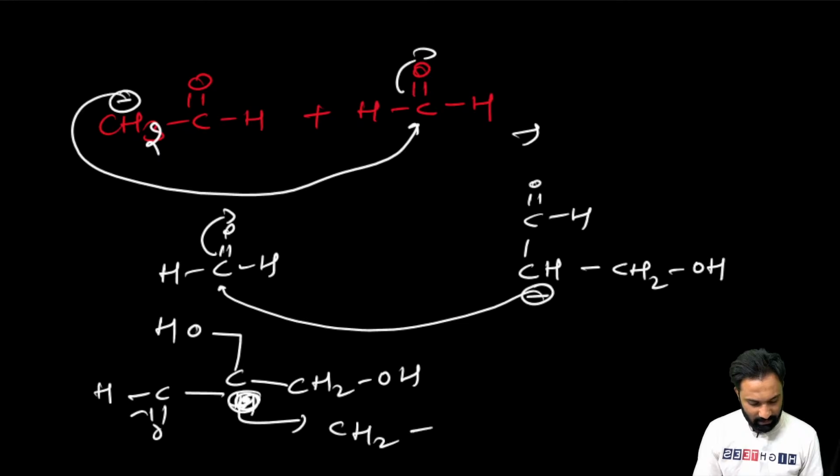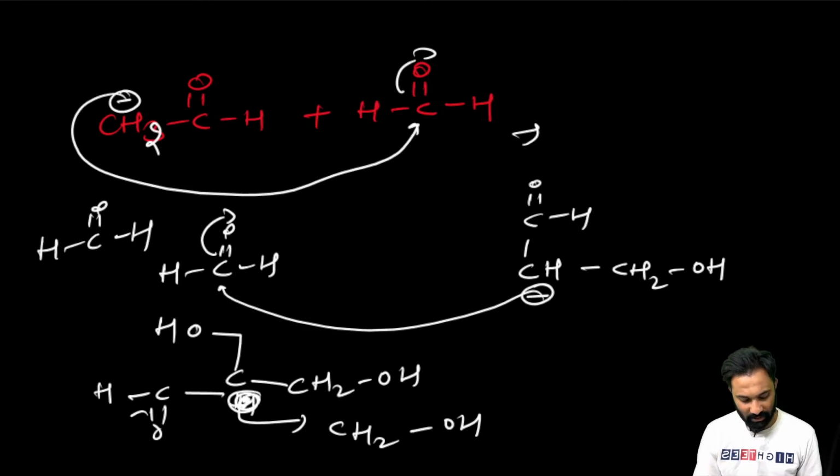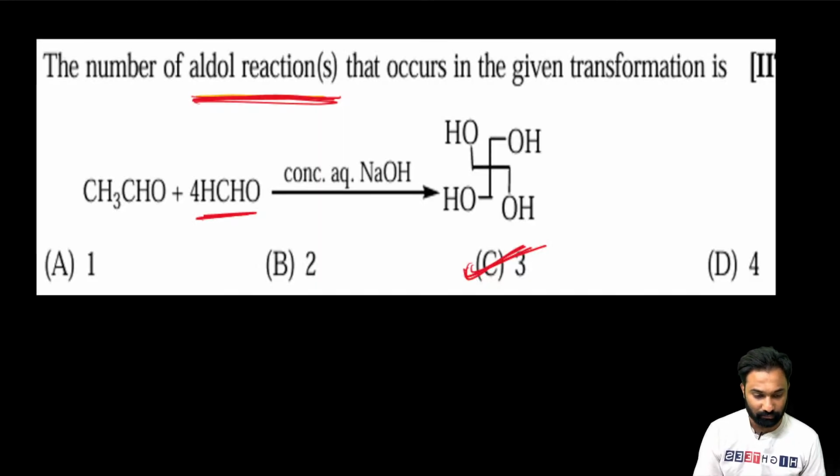Again you will get CH2OH. The last one with formaldehyde will show the cross Cannizzaro, because here there are no alpha hydrogens. Last one will show the cross Cannizzaro, not the aldol, but he is asking only the aldol. 3 aldols and 1 Cannizzaro.